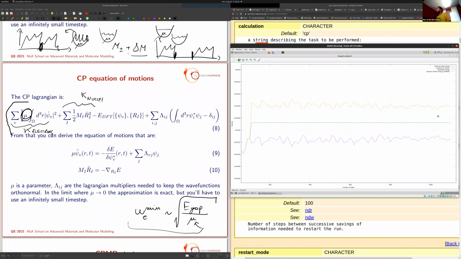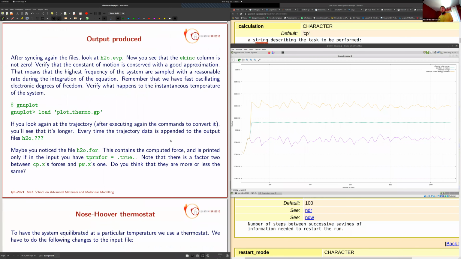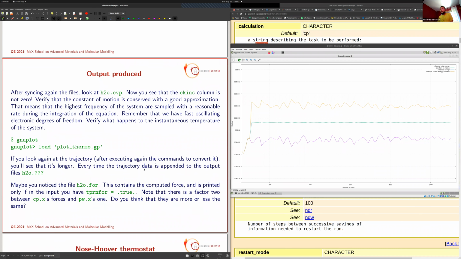You see that the plots are mirrored around the constant of motion. So if your simulation is good, the physical total energy of the system will be more or less constant. Okay, then let's see if I have to say something more.